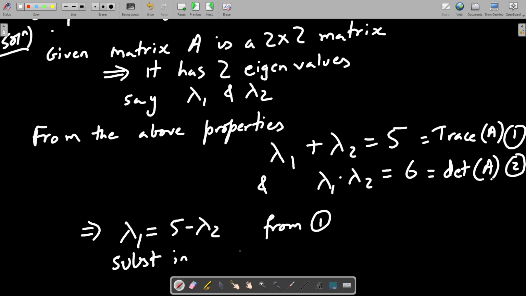From 1, substitute in 2, we'll get 5 minus lambda 2 into lambda 2 is equal to 6.